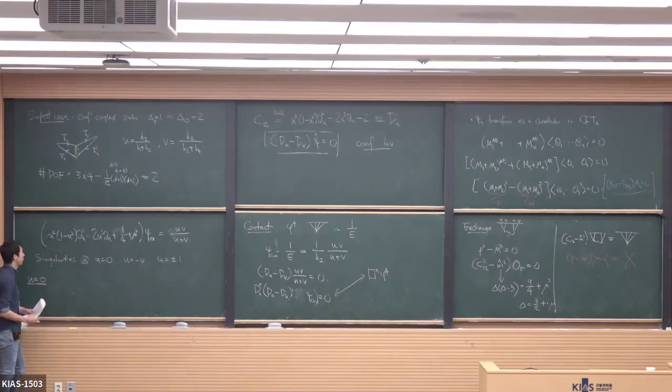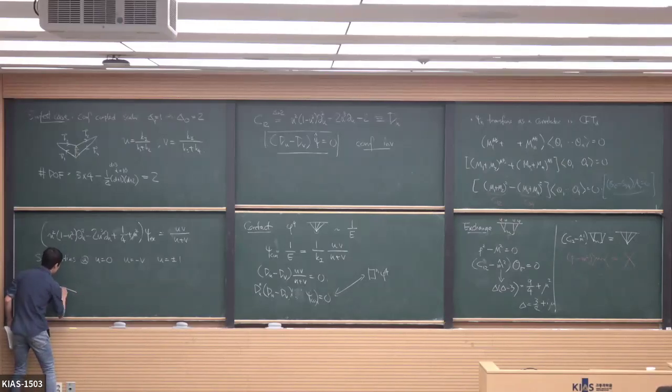Okay, so let's look at this behavior. First of all, what happens when we take u to 0? The u variable was defined as the ratio of k internal over k1 plus k2. So this is the limit where you're taking k internal much smaller than k1, k2.